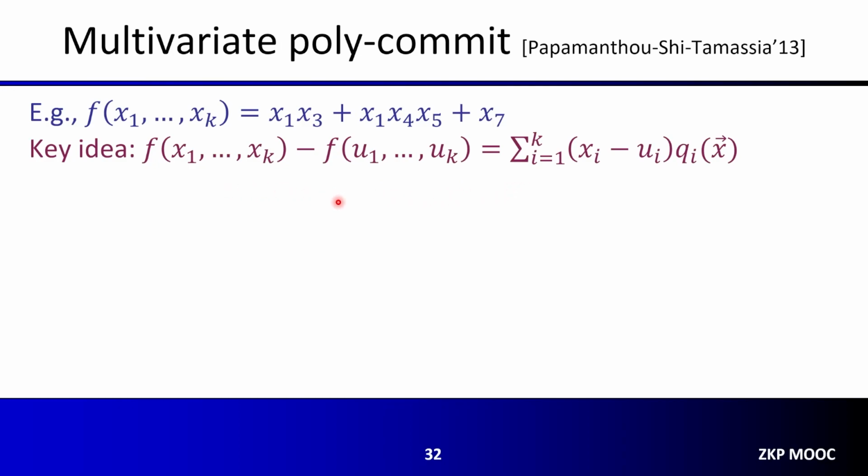For every multivariate polynomial, f(x1, ..., xk) minus f(u1, ..., uk), the evaluation at this point, can always be expressed as the summation of (xi minus ui) times qi(x), from i equals 1 all the way to k. And here qi(x) is again a multivariate polynomial. It's actually not straightforward to prove this equation, but I refer you to the original paper for a formal proof of this equation.